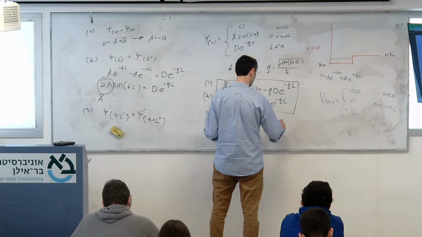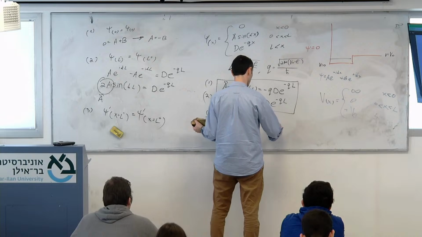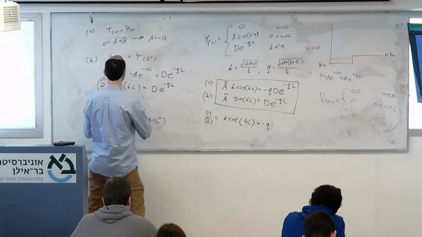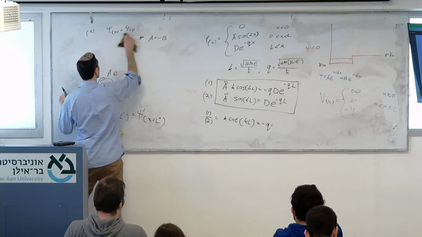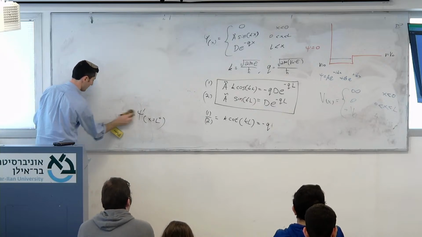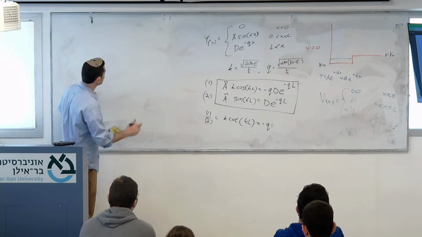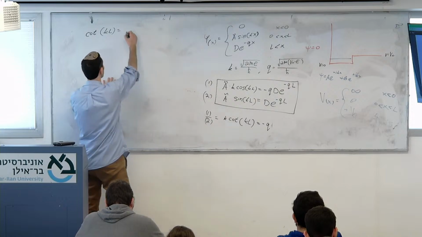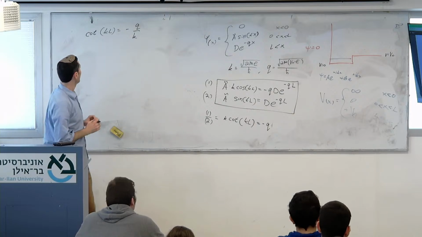So cotangent of kL is equal to minus q over k. Hey, that's exactly what it says here. Now I'm happy. This was my goal.